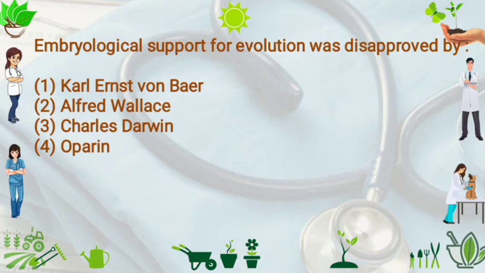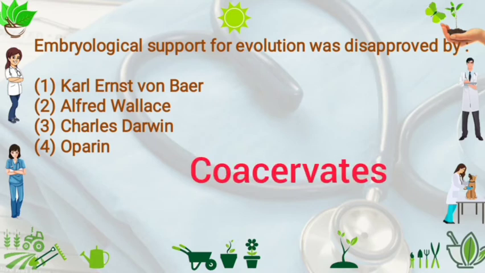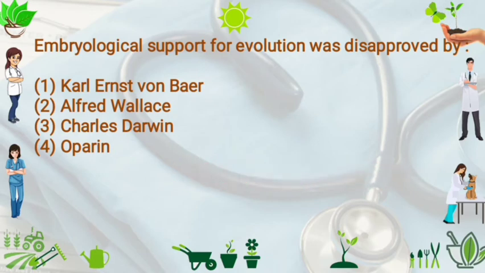And he termed this compound coacervates, and he is related with the theory of abiogenesis. And coming to our answer, Karl Ernst von Baer was the person who disapproved the embryological support for evolution.